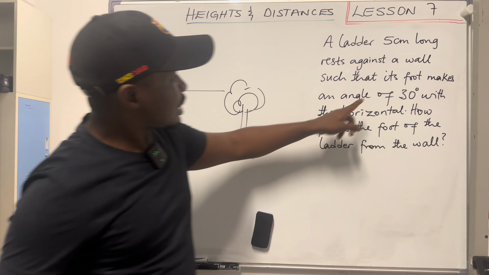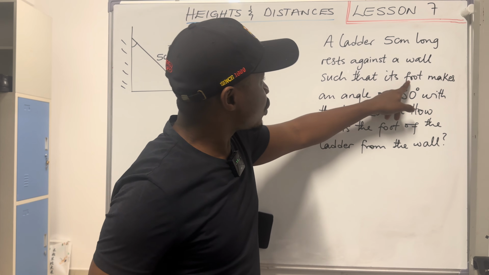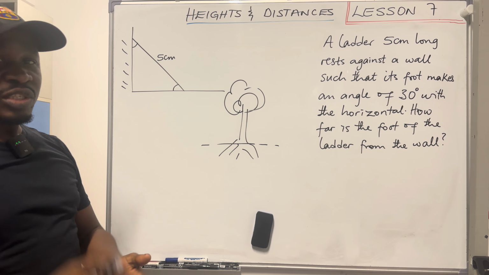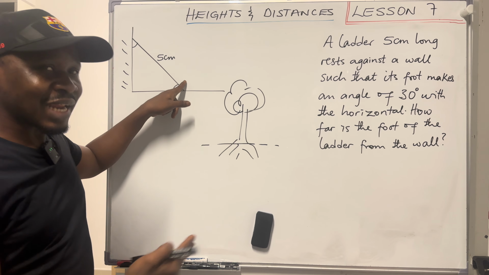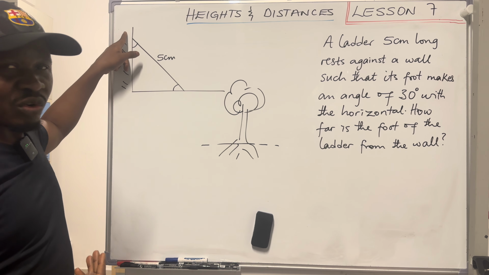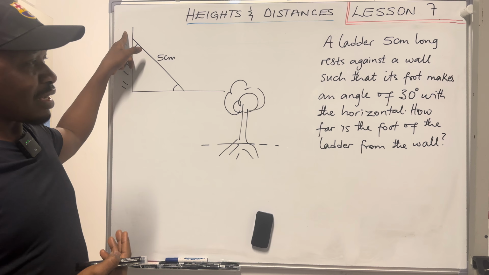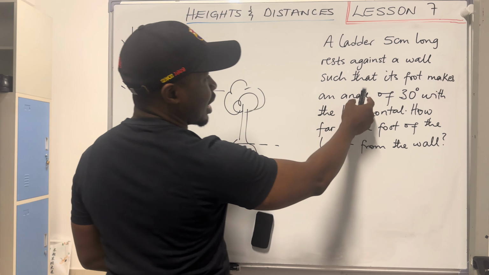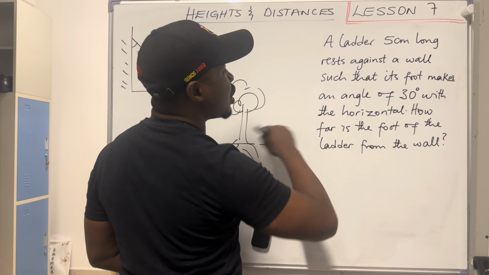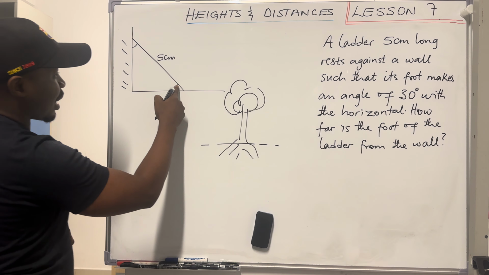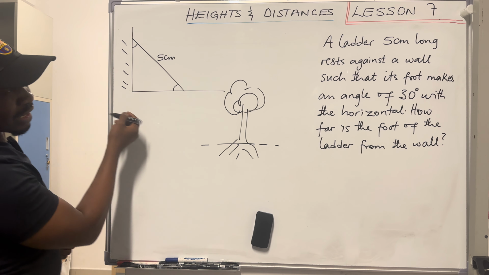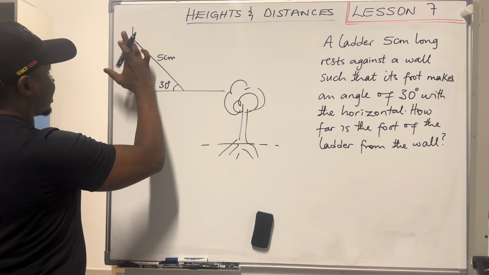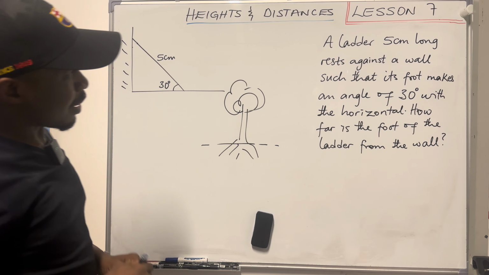It is not possible for the foot of the ladder to make an angle with the wall. We are further given that it makes an angle of 30 degrees with the horizontal. Yes, 30 degrees.